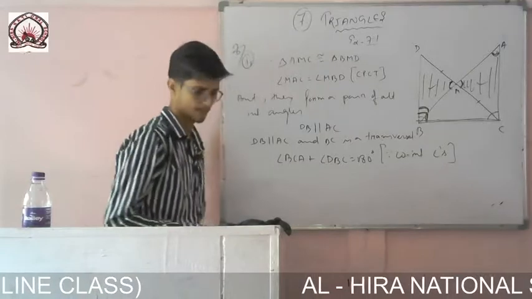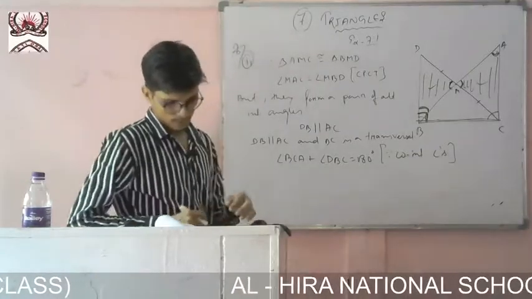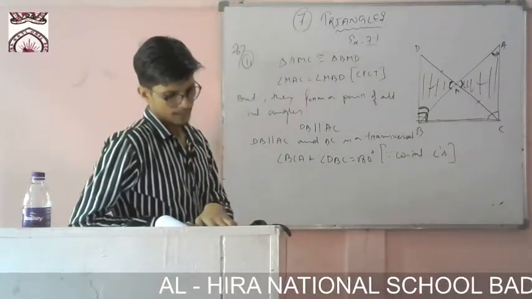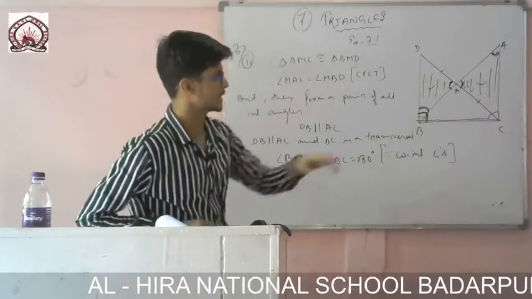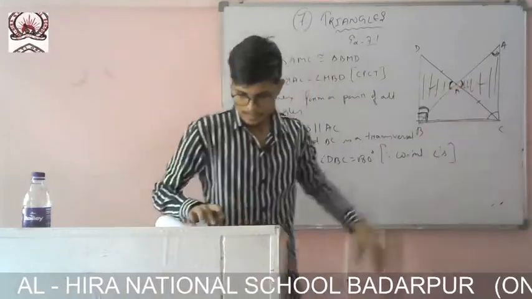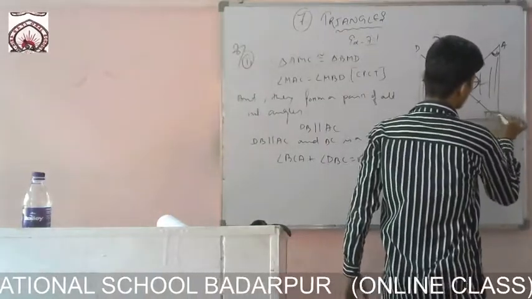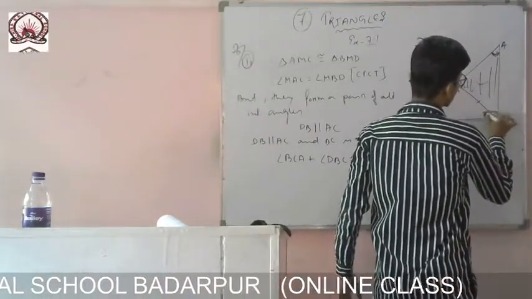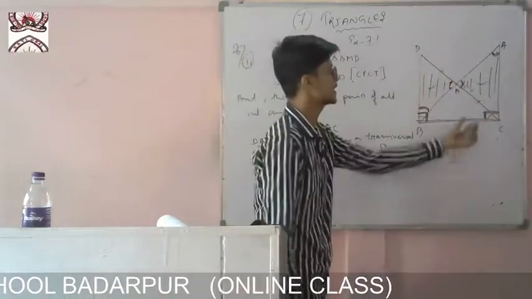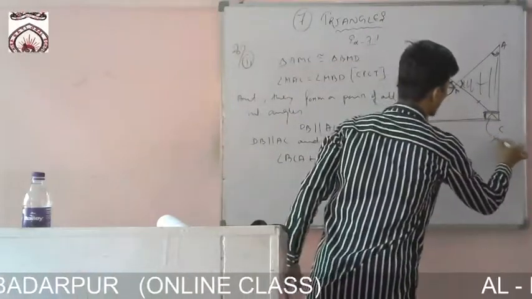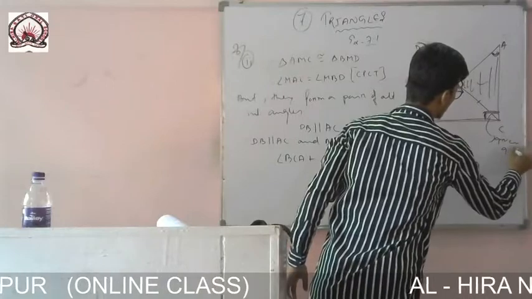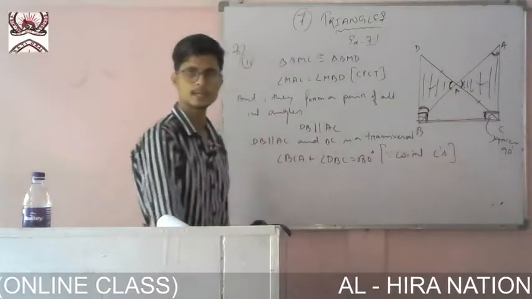Now you see one thing in the question, if you see very carefully, it is given that ABC is a right triangle, right angled at C. So it is given in the question that this angle is 90 degrees. Okay, this one is given as 90 degrees.